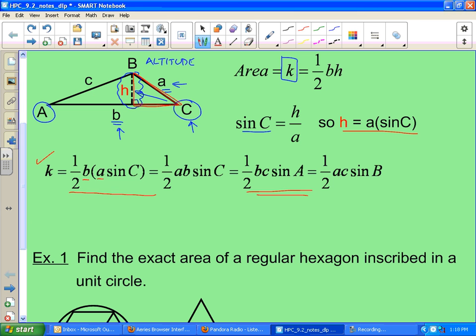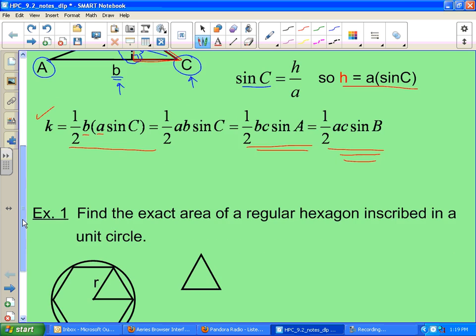And then the last one, I know angle B, and then I would have to have been given A and C. So the trick on this, to recognize whether you can use that formula or not, is to look for side angle side setup. Okay? Look for the side angle side setup.